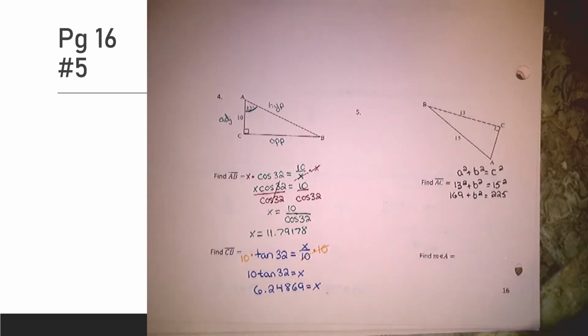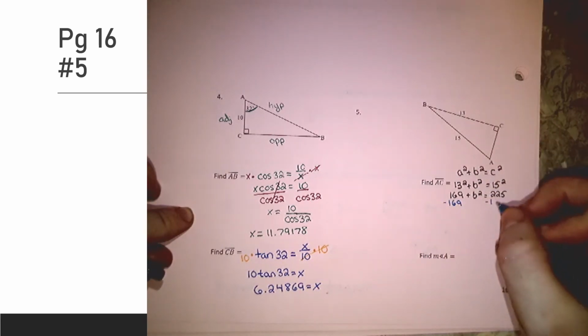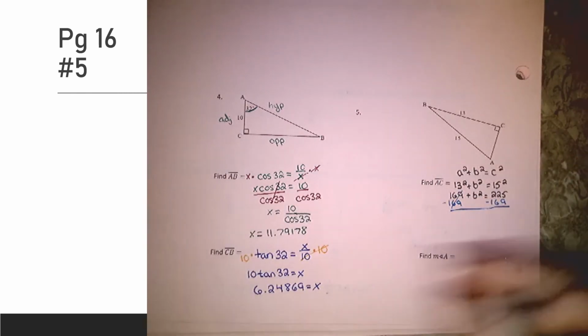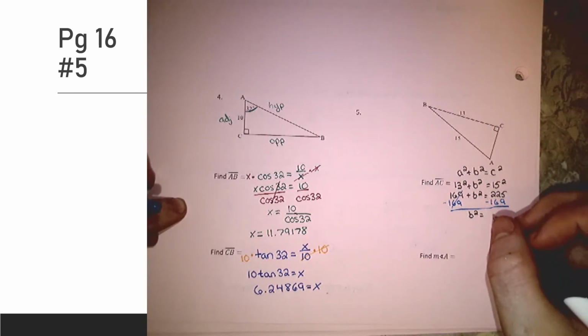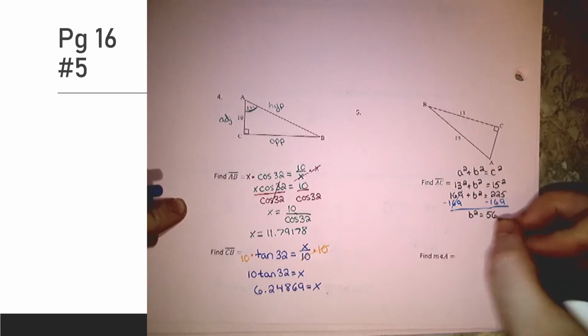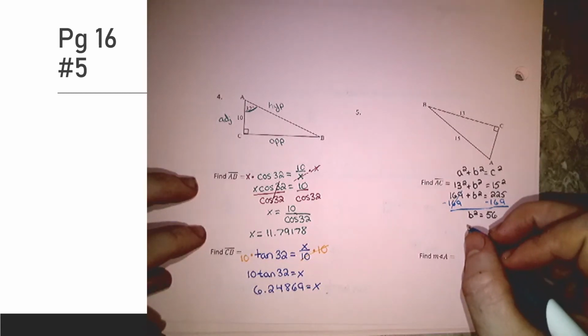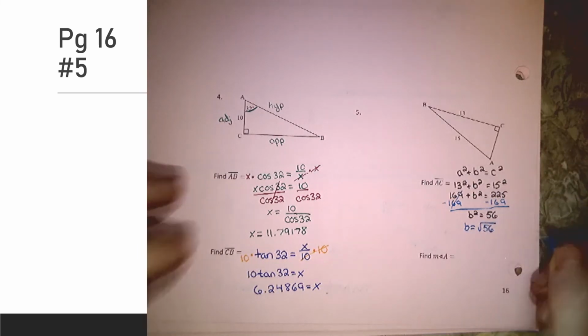I'm trying to get b by itself, so the next thing I would want to do is subtract 169 from both sides. And when I do that, I'm going to get b squared equals 56. And the next step now is I want to get rid of the square. And the way that you do that is with a square root. So b equals the square root of 56.